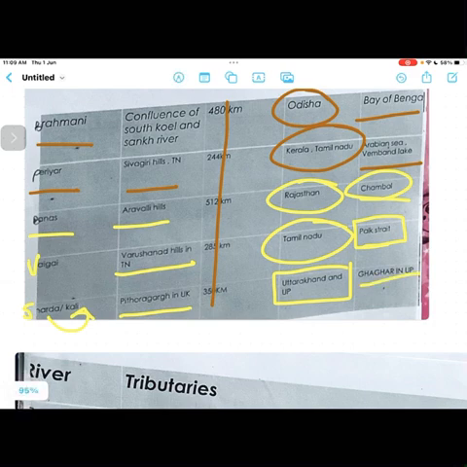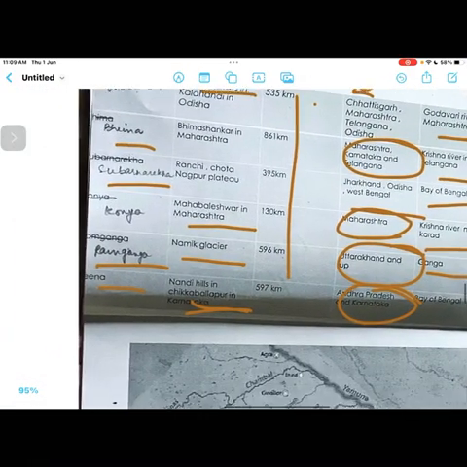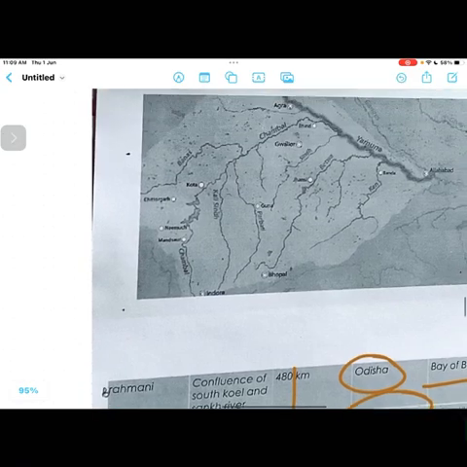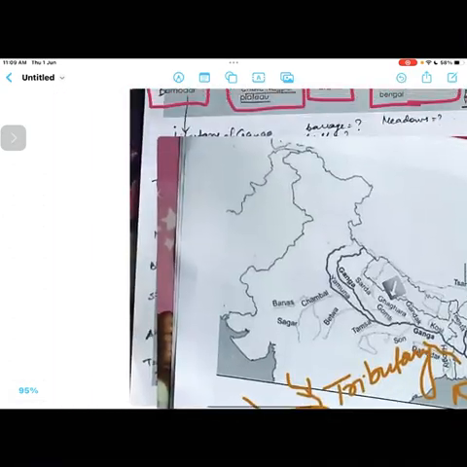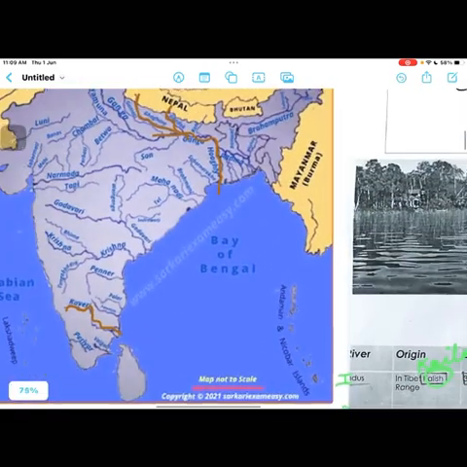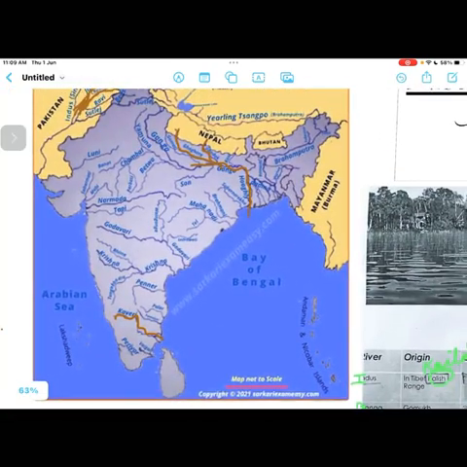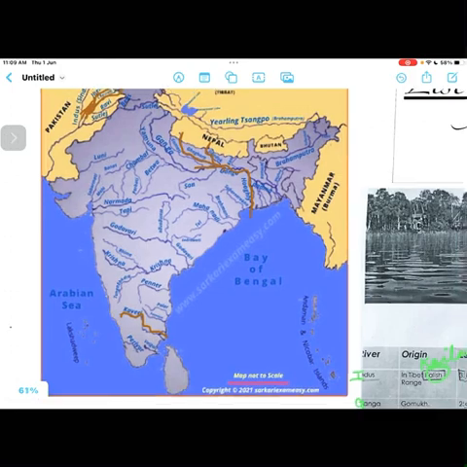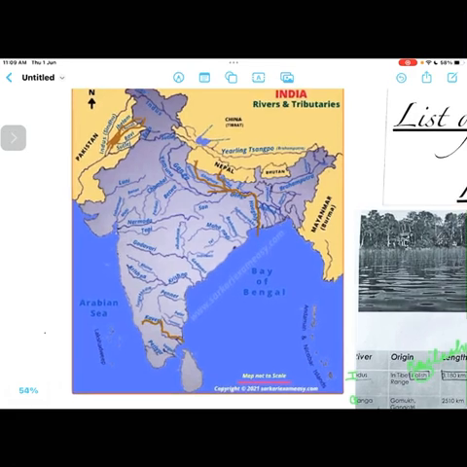Alright, I hope you people are getting an idea of your rivers. All these rivers, I'm not marking them up, but you can have a look here. Let me show you the map, and it will be your task to locate the other rivers. I guess except the Damodar river, every river is present here. So just have a look.